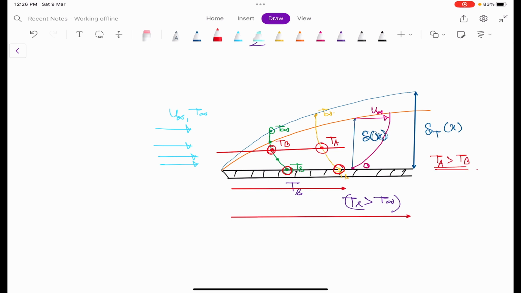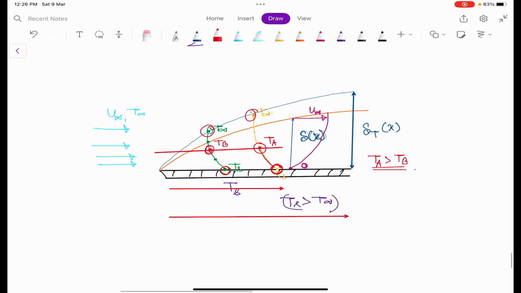So I have a higher temperature Ts and a fixed lower temperature T infinity. We know that Ta is greater than Tb, that means minus Ta is less than minus Tb, that means Ts minus Ta is less than Ts minus Tb.